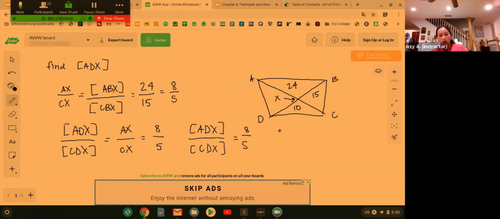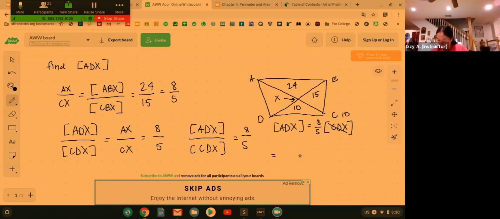So if we rearrange that, the area of ADX is equal to 8/5 times the area of CDX. And we know that the area of CDX is 10.